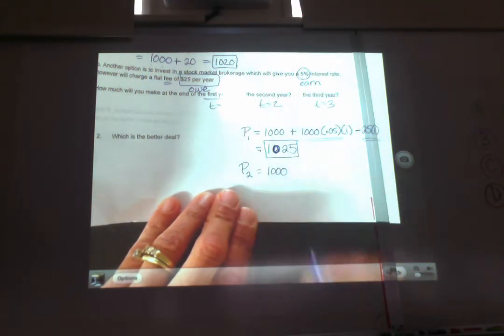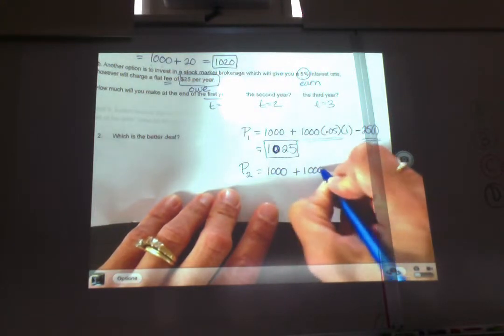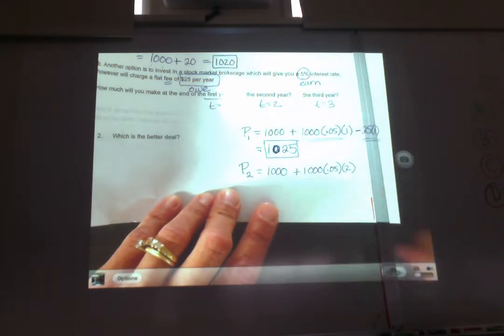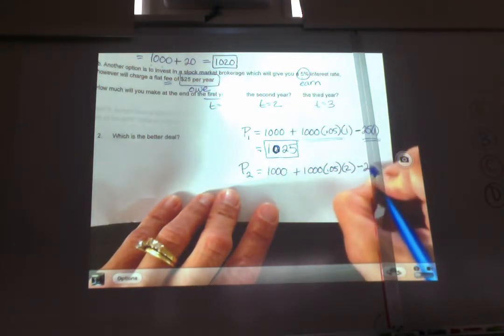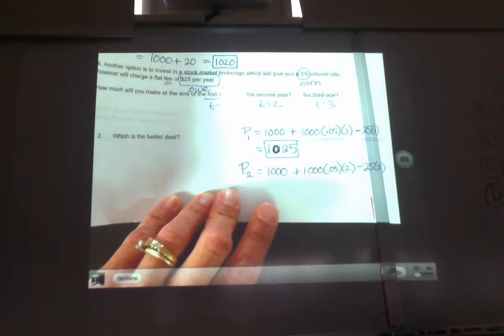1,000 is your starting amount. Interest is 1,000 times the rate times the time. This year it's P2. The flat fee is per year, so again I'm going to have 25, but I've got 2 years worth of fees.